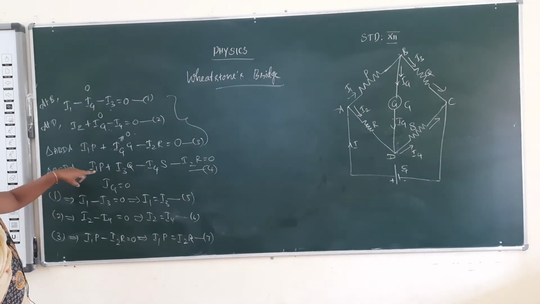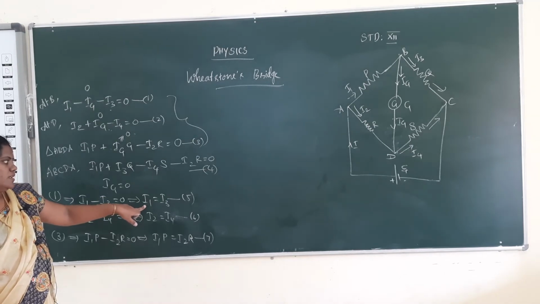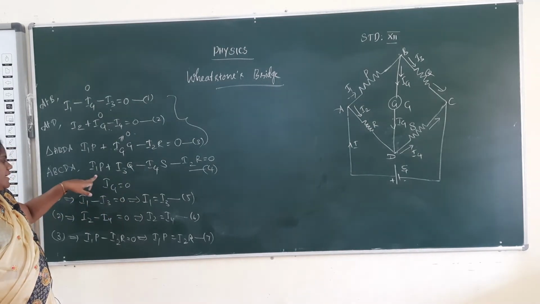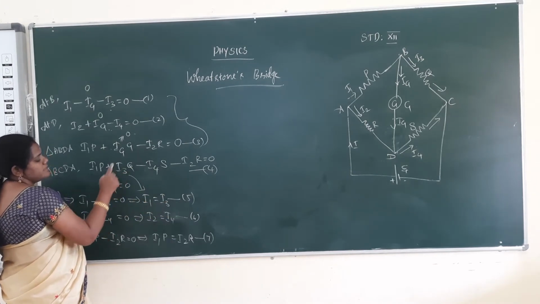Equation 4 is I1B, okay, I3Q. Can we put I1 instead of I3? So I1Q, I1B, I3 from equation 5 is I1.